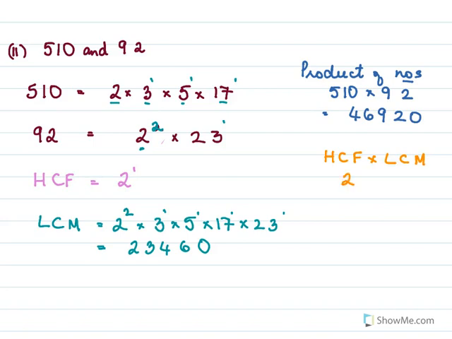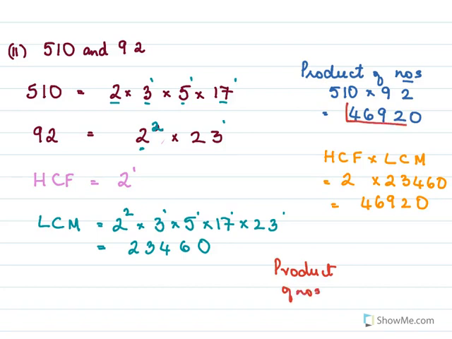The HCF is 2 and the LCM is 23460, and this also works out to be 46920. So what have we seen? That the product of numbers, which is 46920, is also LCM into HCF.